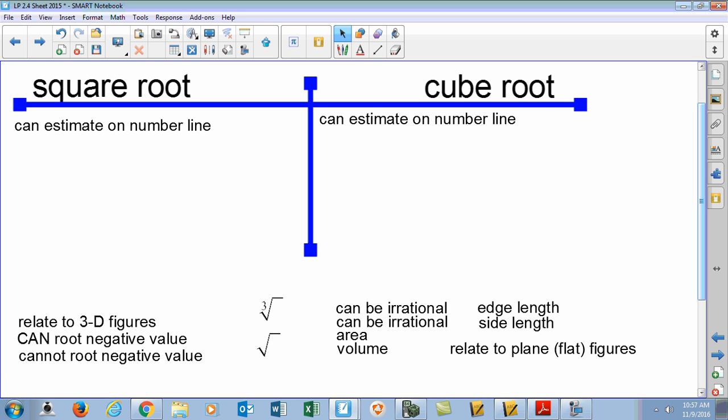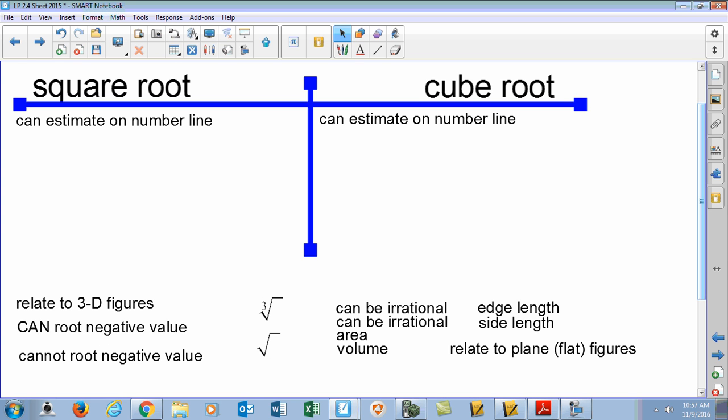So what I'd like you to do right now is pause this and see if you can slide these around and put the appropriate ones underneath the appropriate columns. And then when I come back, I'm going to slide these around and see how you matched up. So, relate to 3D figures, that's one. Can root a negative value. Cannot root a negative value.